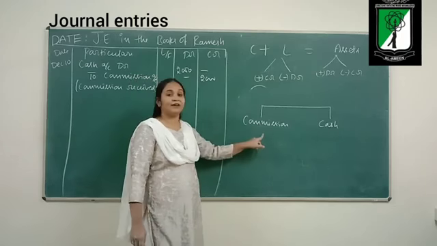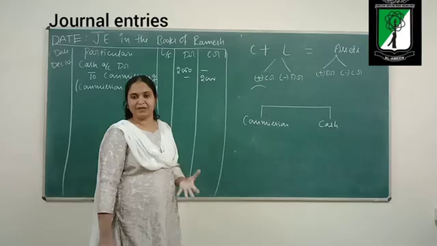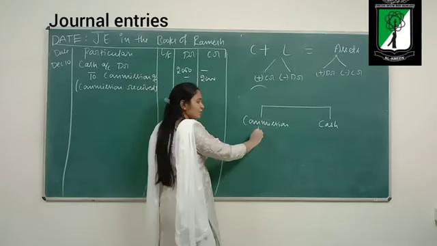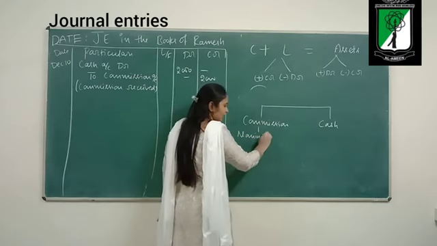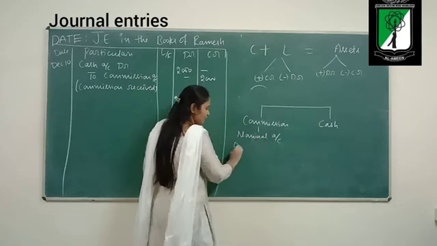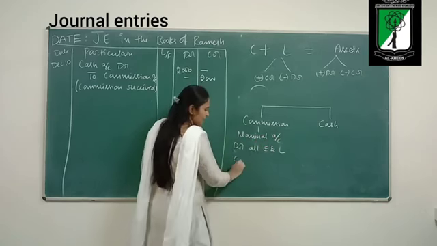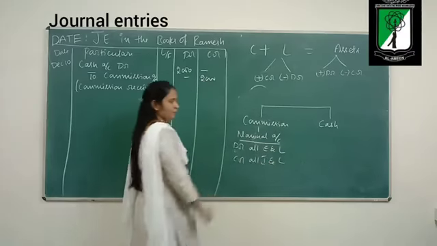Now you should identify the type of account. When it is receiving commission, it's a gain. So which account rule? For expenses, losses, incomes and gains, we follow the nominal account rule: debit all expenses and losses, credit all incomes and gains.